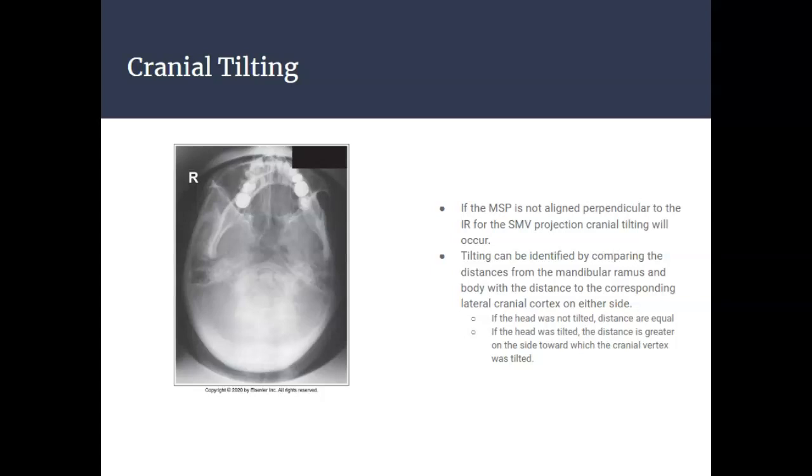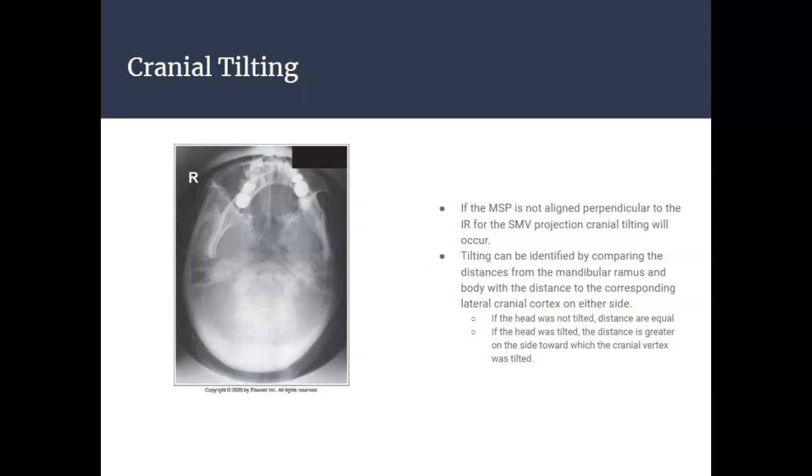It can be identified on the SMV projection by comparing the distances from the mandibular ramus and body with the distance to the corresponding lateral cranial cortex on either side. If the head's not tilted, then the distances will be equal, but if the head's tilted, then the distance is greater on the side which the cranial vertex was tilted, so the top of the cranium.